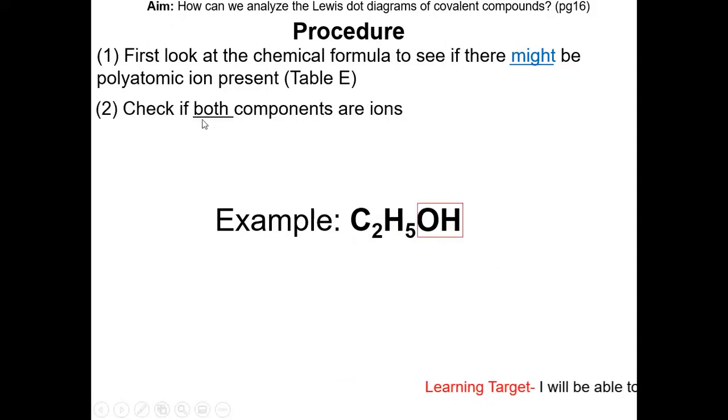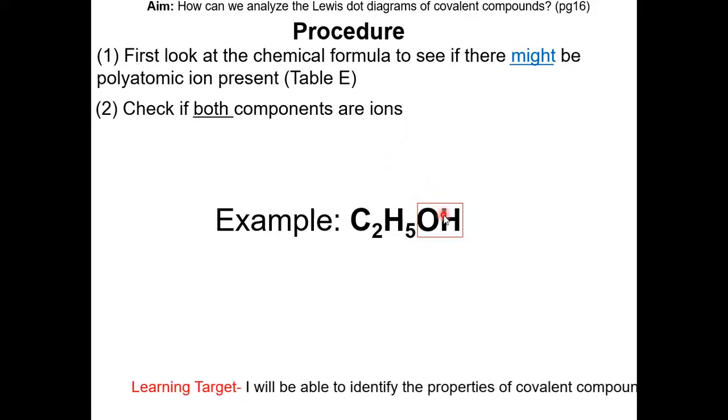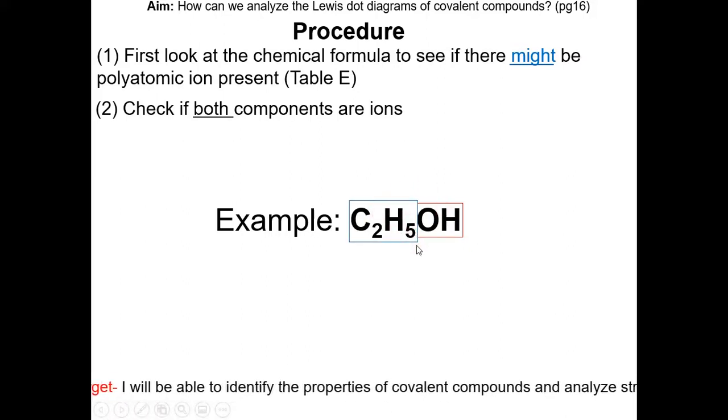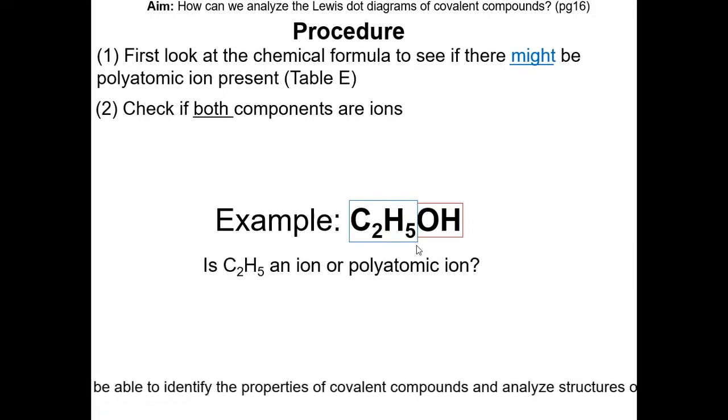The next step is to check if both components are ions. In order for there to be an ionic bond, you need both a positive and a negative ion. If OH is a hydroxide ion, which is negative, then C2H5 must be the opposite charge. So is C2H5 an ion or a polyatomic ion?